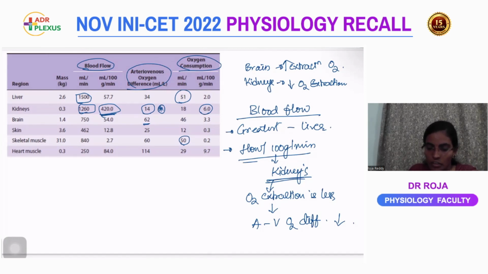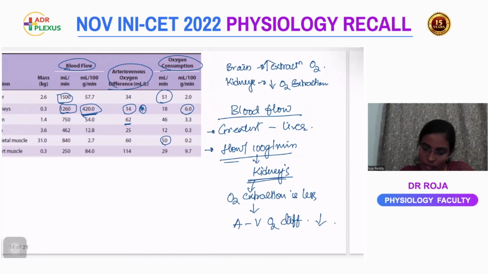Flow is different, extraction is different, consumption is different. These are important things to remember regarding blood flows and oxygen consumption.